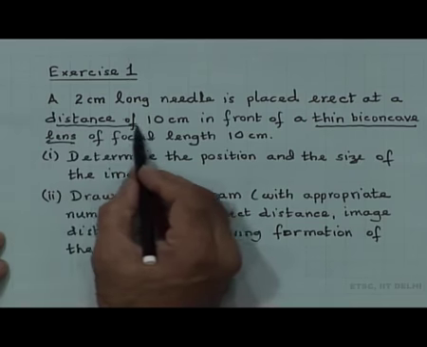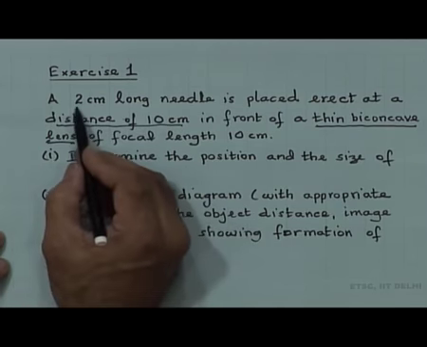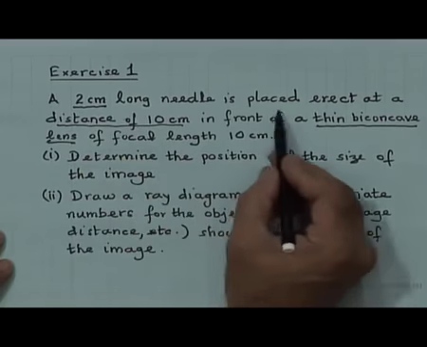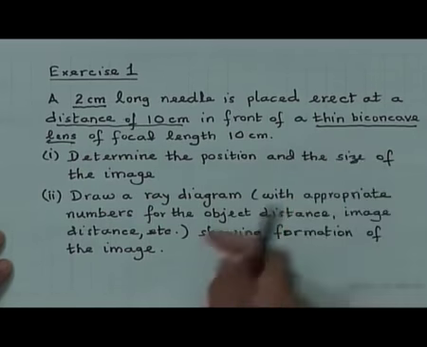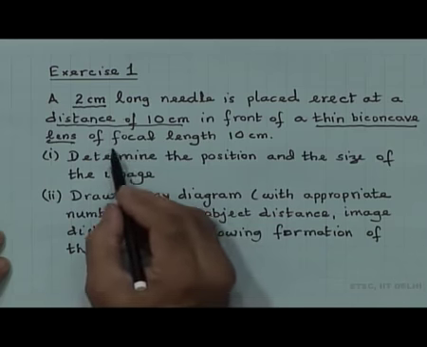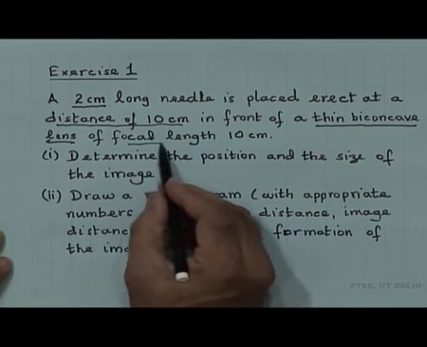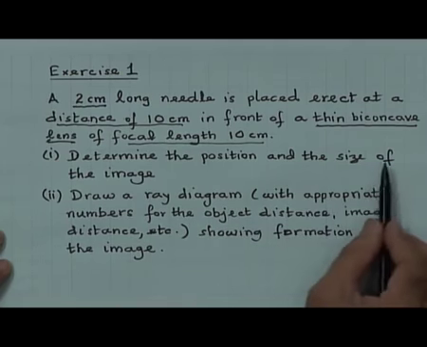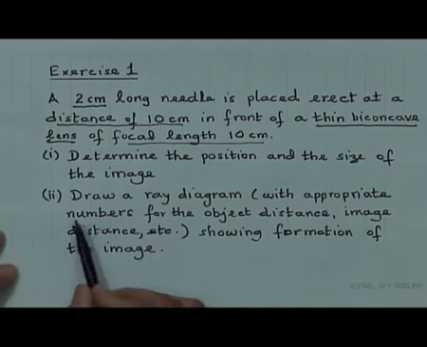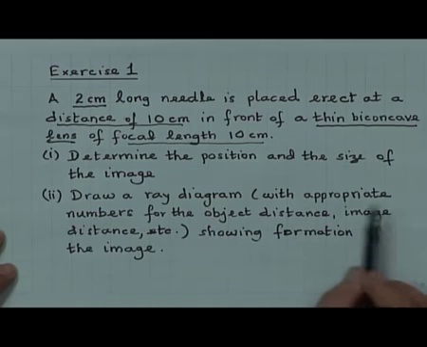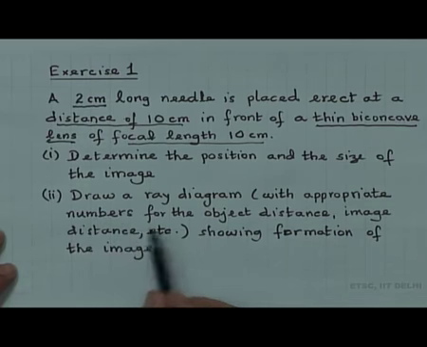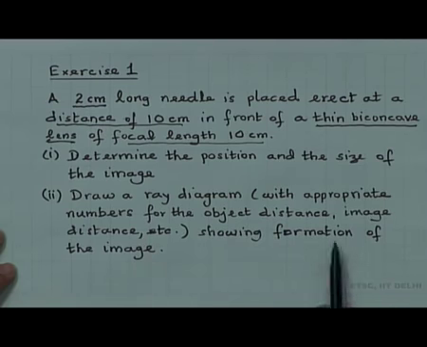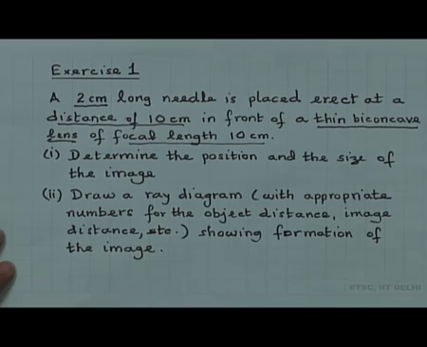Distance is 10 centimeter, height is 2 centimeter. It is a 2 centimeter long needle placed erect, which means it is sitting straight. And the focal length of the lens is given as 10 centimeter. Determine the position and size of the image. Draw a ray diagram with appropriate numbers for the object distance, image distance, etc., showing formation of the image.